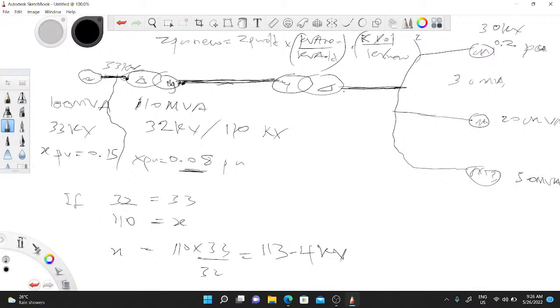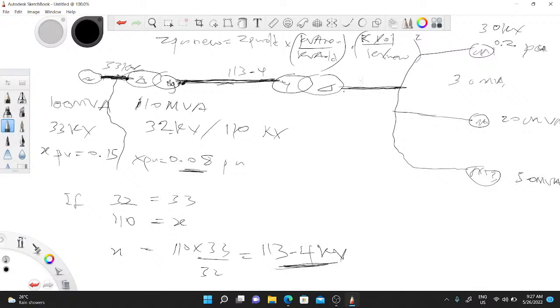Think of it as, again, this is the rating of the transformer. 33 comes in. If 32 is giving us 110, how much does 33 give at the output? We'll get this amount. So this is the base value for this transmission line. The base value coming here is 113.4.